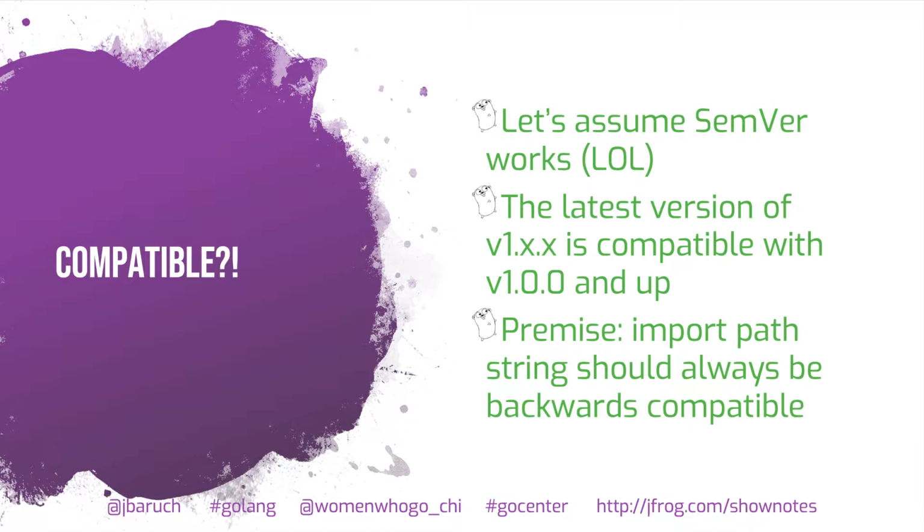If it works, we have no problem, because if we add an import path, we can just easily take the latest tag and it will be backwards compatible all the way, right? Because the latest tag will be somewhere in this 1.x range, and it should be all backwards compatible from there.